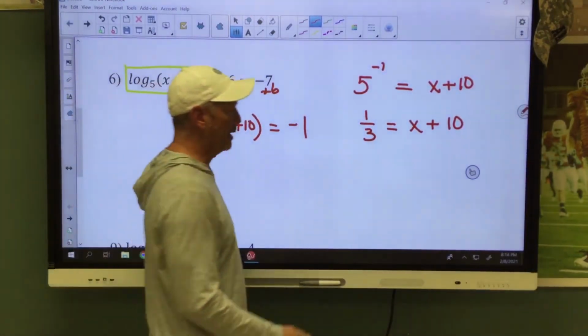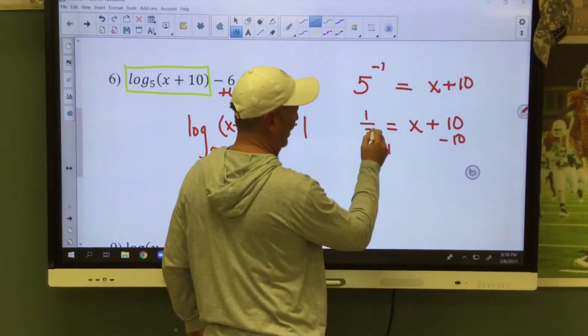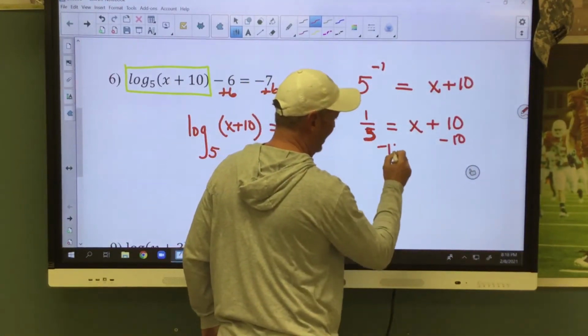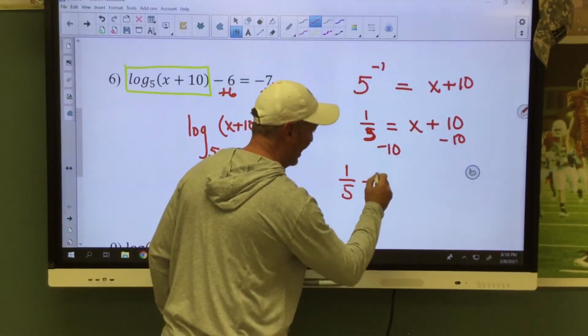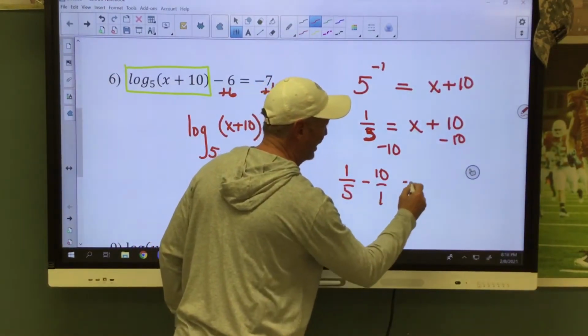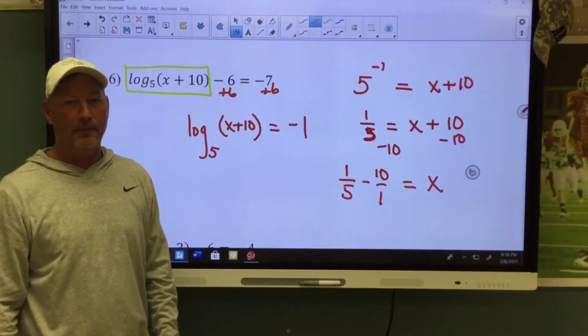Okay, and then you're going to say minus 10, and you're going to say 1/5 minus 10, we're going to make that over 1, equals x. I need to get a common denominator.